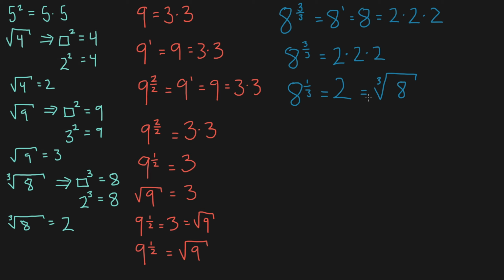That's why we can put equal signs all the way across here. Now let's remove the 2 and show that 8 to the 1/3 power is the same thing as the cube root of 8.